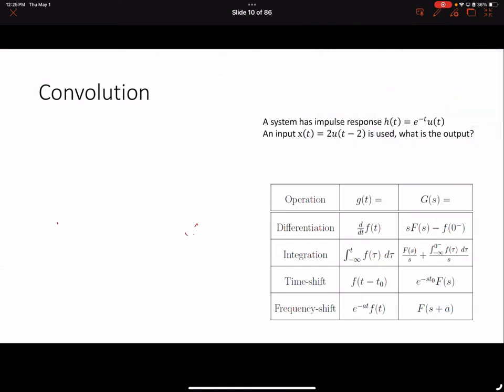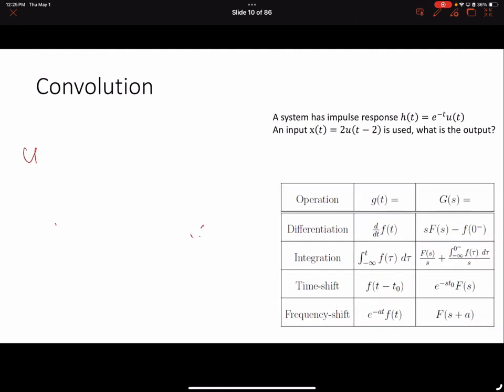So that's another way. You could have just said that y(t) is equal to the integral of e^(-tau) u(tau) times 2 u(t - tau - 2) d tau from negative infinity to infinity.